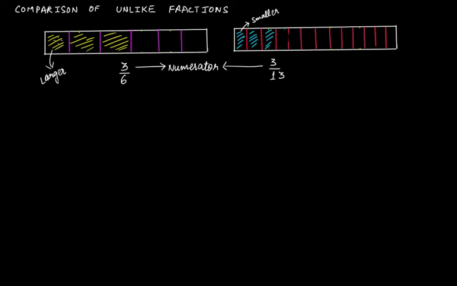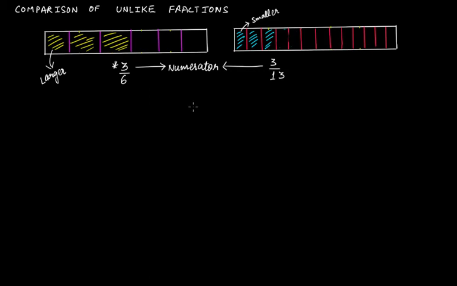Because a single block of this one is larger than a single block of this one. Therefore, 3 blocks of this one will be larger than 3 blocks of this one. That makes this fraction greater than this one.